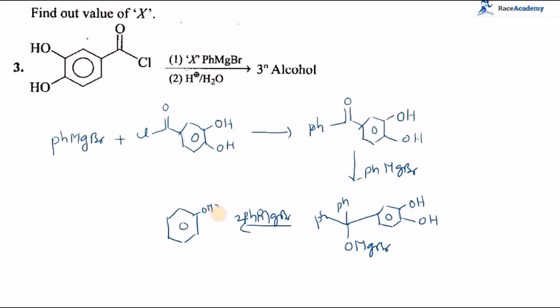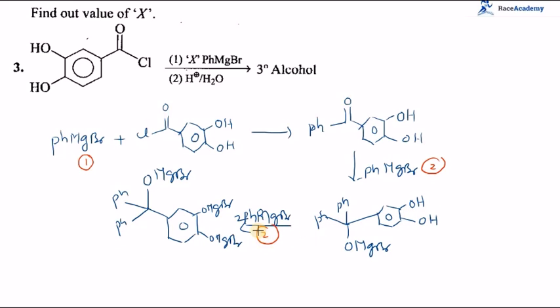So here this is one OMgBr, this is one OMgBr, and after that we have one OMgBr, and there are 2 phenyl groups here, 2 phenyl groups. It indicates that we have used here 1, here 2, here a total of 2.